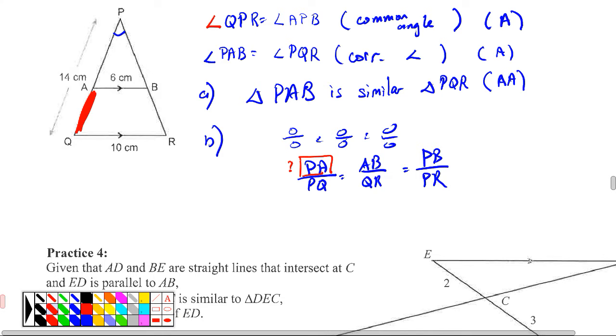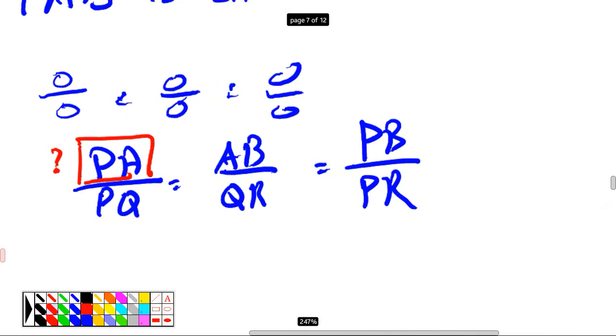Next question. Can I tick the length I have and cross out the length I don't have? Do I have PQ?